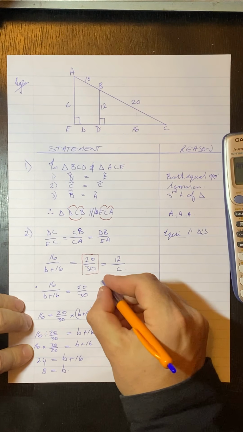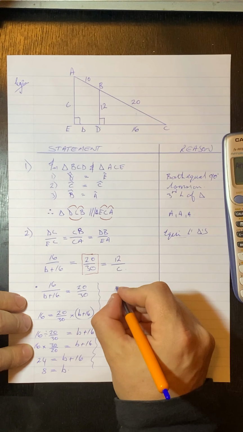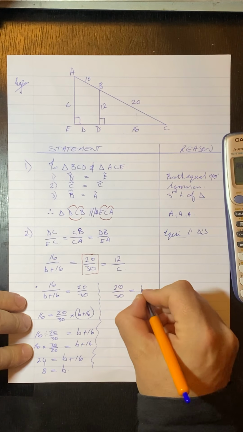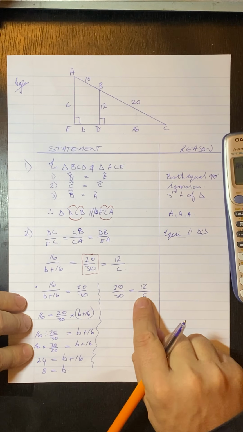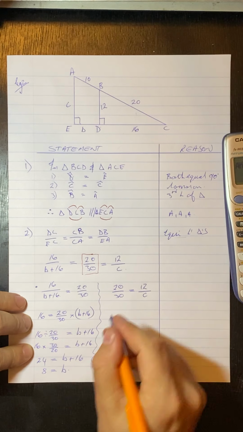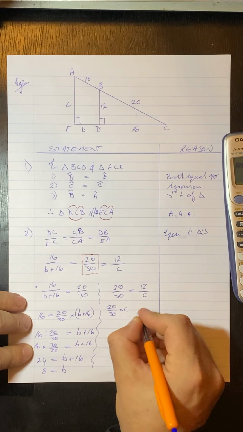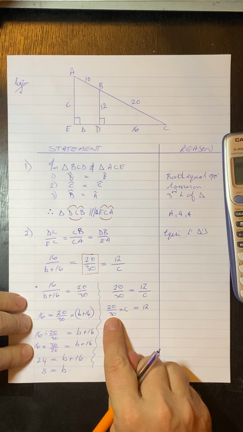I'm going to do the same for this one over here. So we have 20 over 30 equals 12 over C. I want to get the C on its own, so just multiply up to get it out of the bottom there. So it's 20 over 30 times C equals 12. To get rid of this, we have to divide by that.